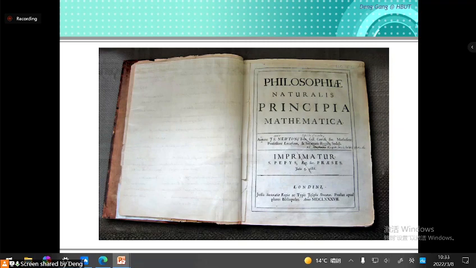This is a book written by Isaac Newton, and in this book, it tells about calculus, Newton's laws and the gravitational laws.